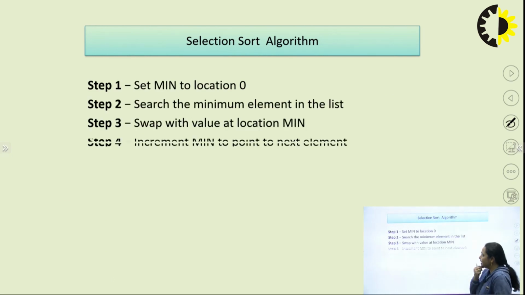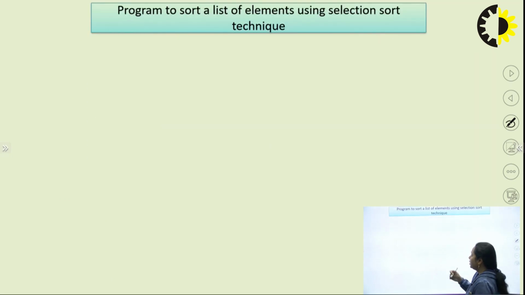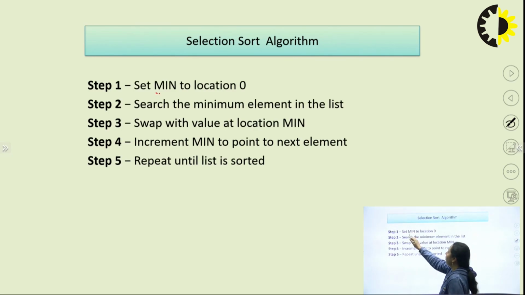So here we can see the algorithm. First of all, we set minimum to the 0th location. Now we search for the minimum element within the remaining list. Then swap the value at location min. If we find the minimum element within the remaining list, in that case there is need of swapping.